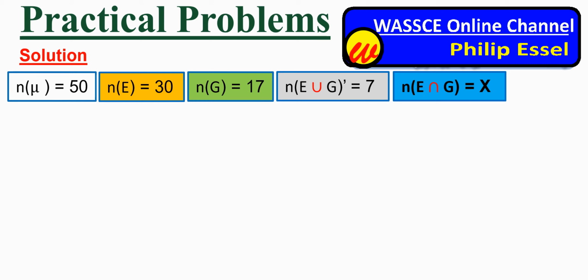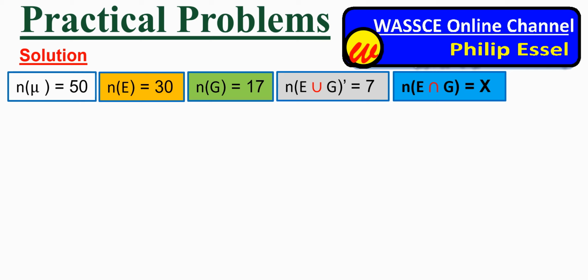We are made to understand that some of the students read both subjects. That number wasn't given to us, but we are rather asked to find that number. So we represented that by x. So economics intersection government is x. Let's write that again.